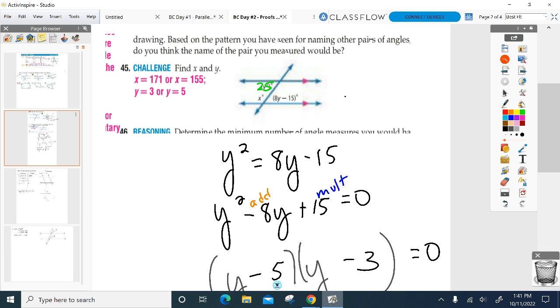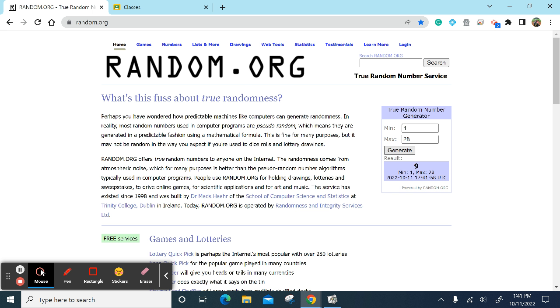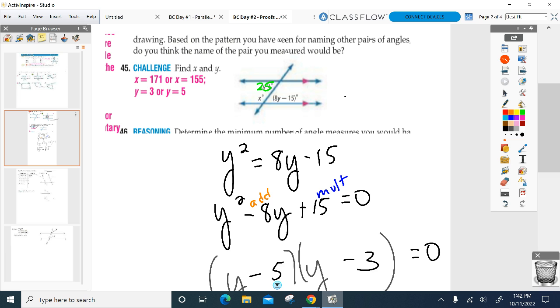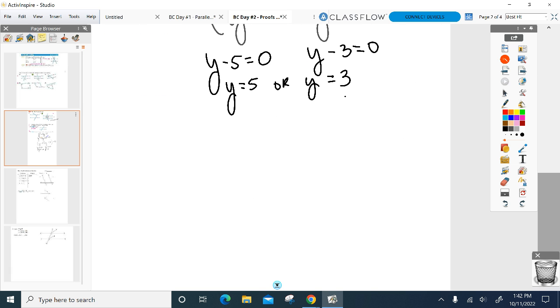Same side interior. Congruent, supplementary. Which one? They are supplementary. Okay, so if that's 25, x could be here 155. Okay, so when y is 5, x is going to be 155. Okay, 1 set of answers.